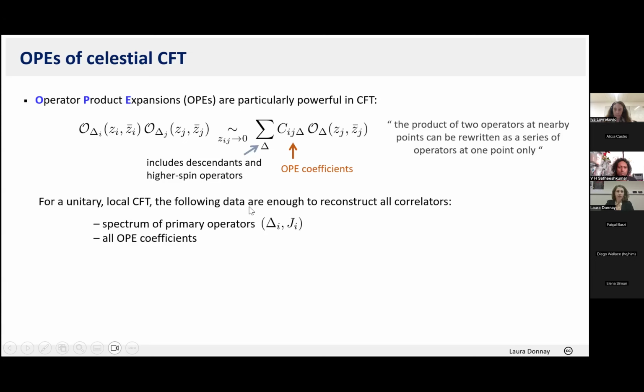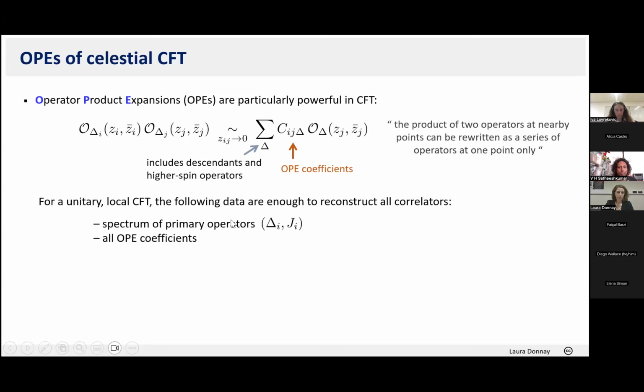Okay, so if you know this, and if you know all the OPE coefficients, essentially you know the 3-point function, because the OPE coefficient data is the same as the coefficient of the 3-point function. Then you know the 4-point function, then the 5-point function, and you can reconstruct all correlators in your CFT.